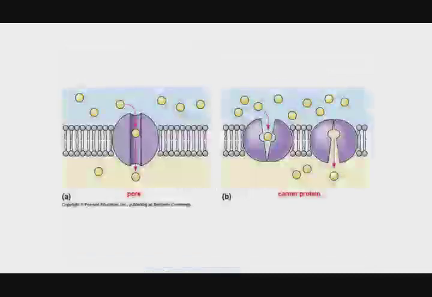Channel proteins basically make a pore, a tunnel made of the protein that allows things to move across the membrane, while a carrier protein actually has to change its shape. It's more like a gate that opens on one side and then moves things across to open on the other side. We'll look at the subtleties of these more as we go on.